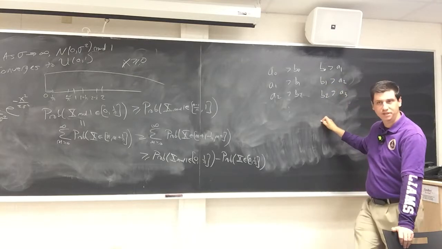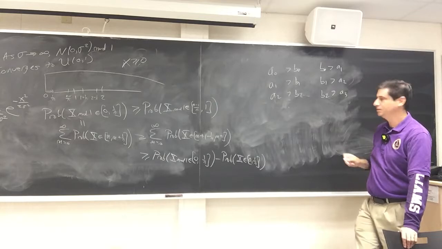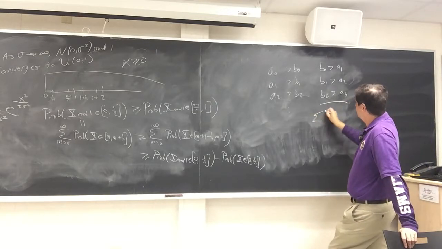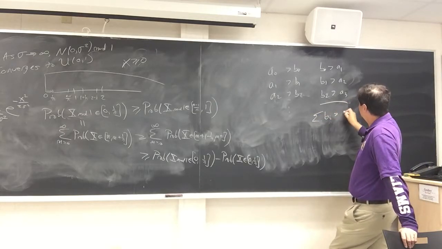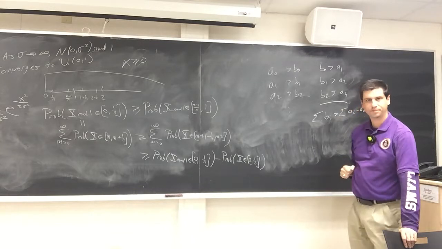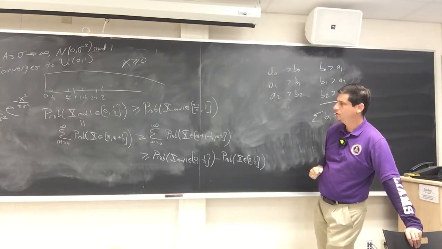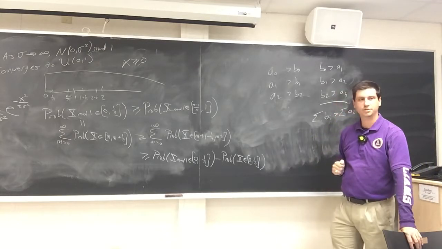So if we add up all the B's, it beats all the A's minus A0. So we get the sum of the B's is greater than the sum of the A's minus A0. So is everybody comfortable with this argument?